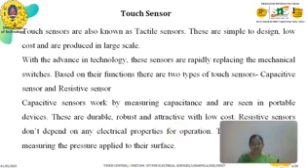switches. Based on the functions of touch sensors, they are classified into two types: one is the capacitive touch sensor and the other is the resistive touch sensor. Capacitive touch sensors work by measuring capacitance changes between the devices, and they are durable, robust and attractive with low cost.